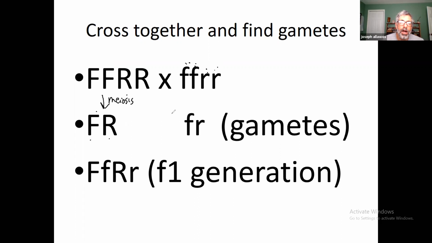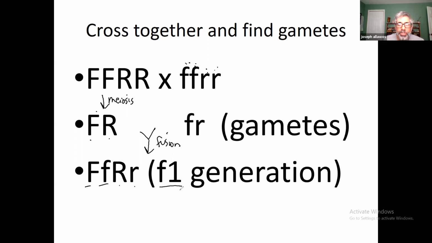Okay, so now what do gametes do? They fuse, right? And put the F's and the R's back together. It's called restoring homology. You put the same letters back together. So don't write big F, big R, little f, little r. Put the big F and the little f together. Put the big R and the little r together.